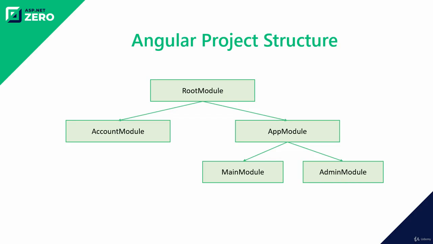As the name gives away, this module will contain the logic for the authentication-related features such as login, registration, password reset, and so on. Next, we have the app module, which basically wraps all other modules in the application. By default, it contains the main module and the admin module. Through the pages inside the admin module, users will be able to manage users, roles, languages, settings, and so on. These are already pre-created for you.